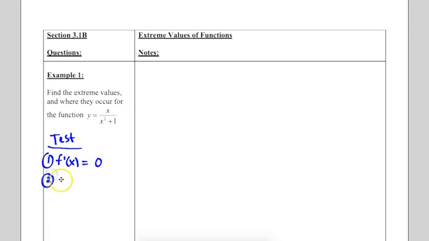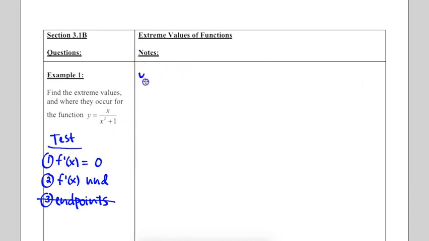We're going to look to see where the derivative is undefined. And normally we would look at the endpoints, but because we weren't given a defined domain, we're not going to look for the endpoints.